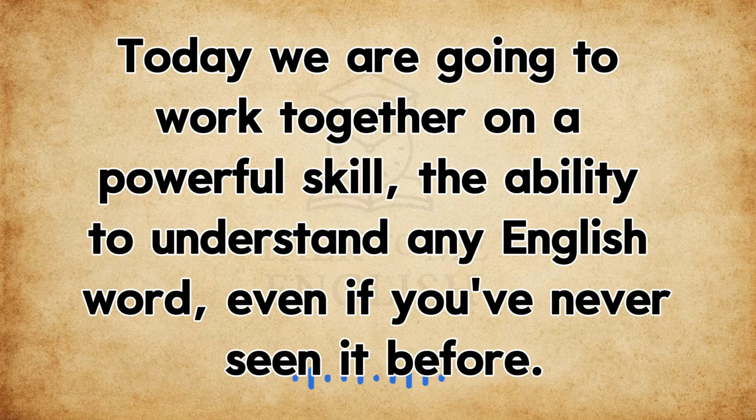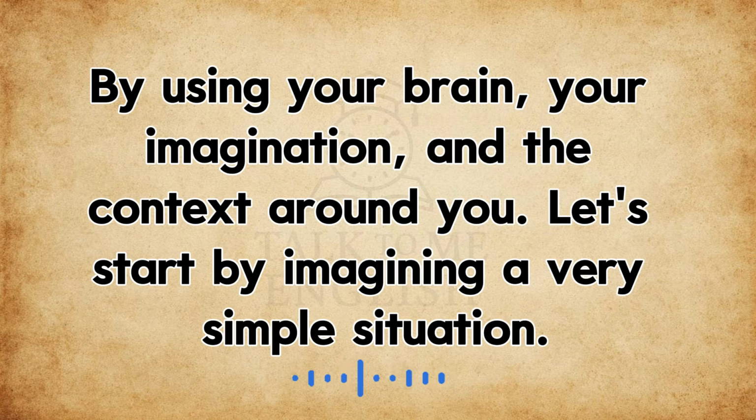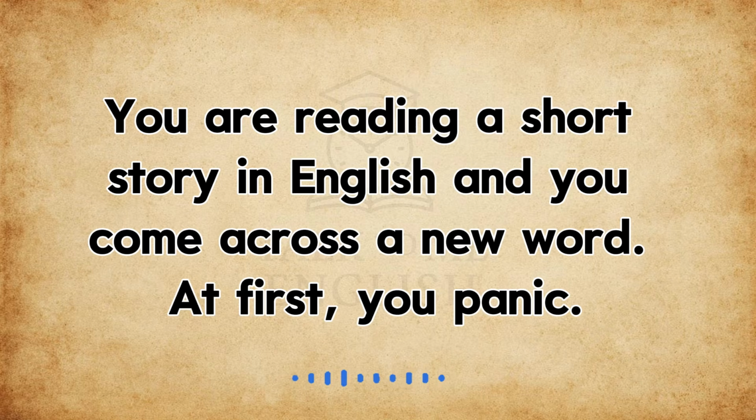Today, we are going to work together on a powerful skill: the ability to understand any English word, even if you've never seen it before, by using your brain, your imagination, and the context around you. Let's start by imagining a very simple situation. You are reading a short story in English and you come across a new word.